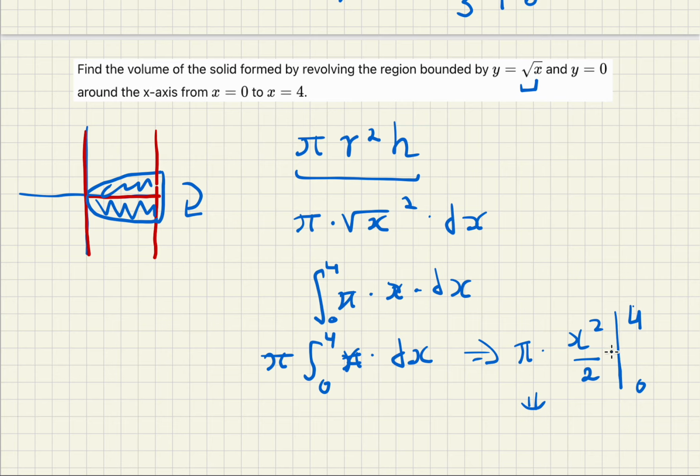And so now 4 squared is 16. 16 divided by 2 is 8. And then 8 minus 0 squared over 2, which is 0. So 8 minus 0 is 8. And that gives us pi times 8, which is 8 pi. And so this is the volume of this cylindrical 3D object, the volume of the solid formed by revolving the region bounded by this equation around the x-axis.